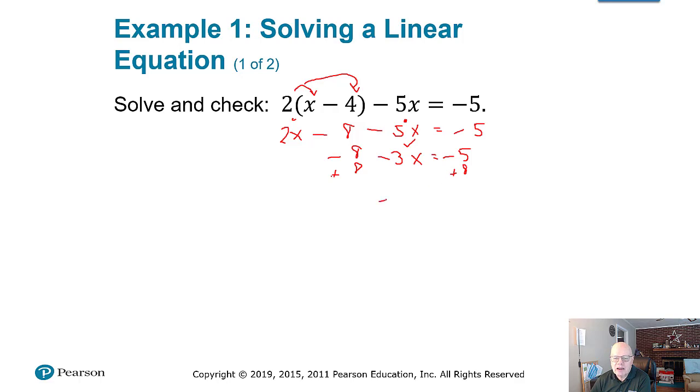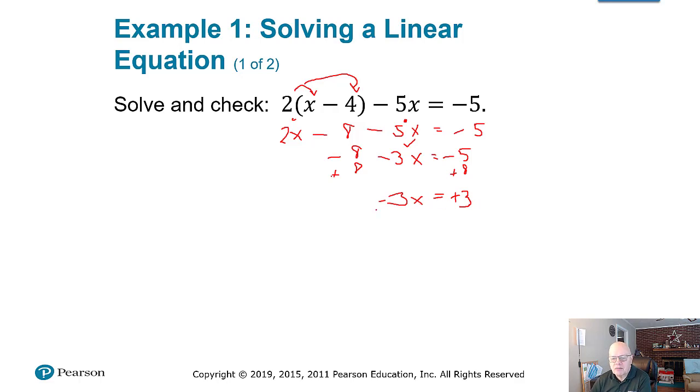That gives us -3x because the 8's are gone. And on this side, we'll combine those two. Remember, the 8 is bigger, so we subtract these two. Different signs, subtract. Got 3. Because the 8 is bigger, it gets this sign. So we've got -3x equals +3.